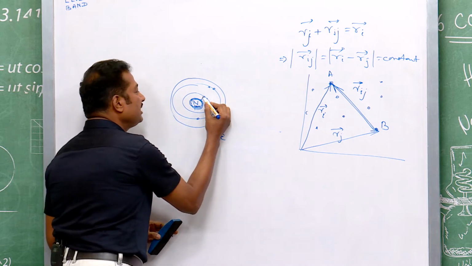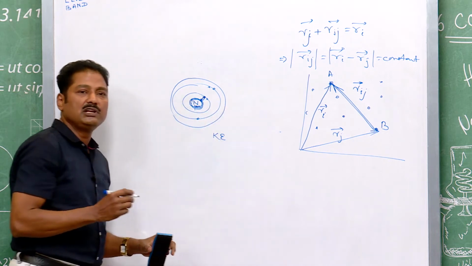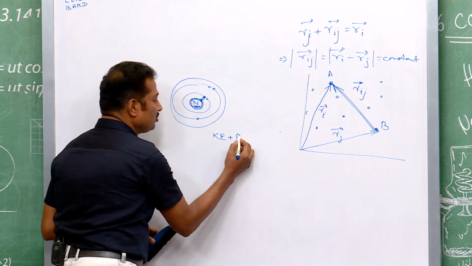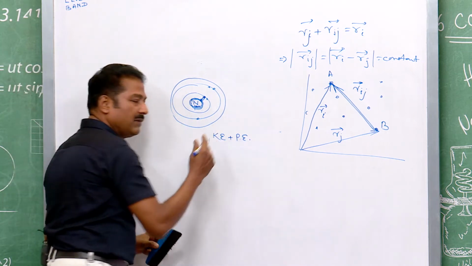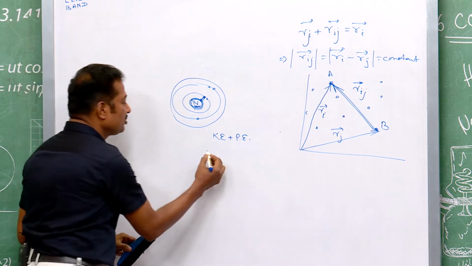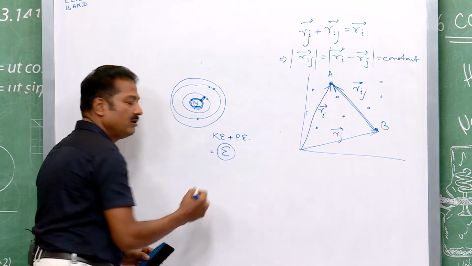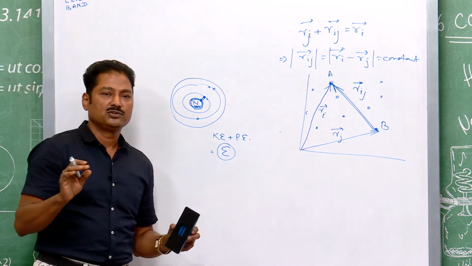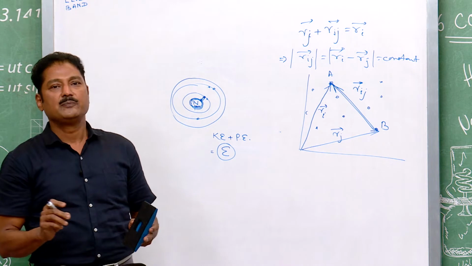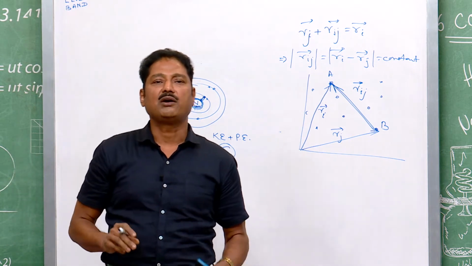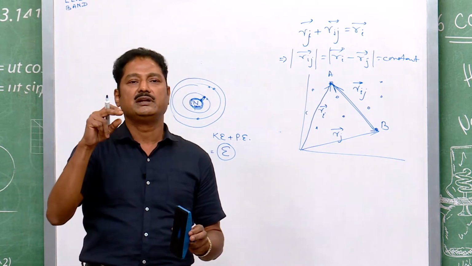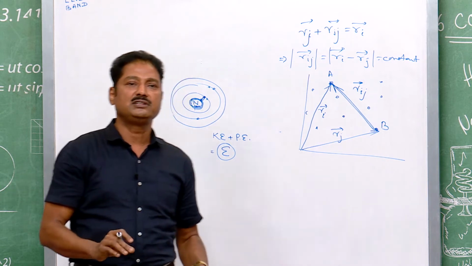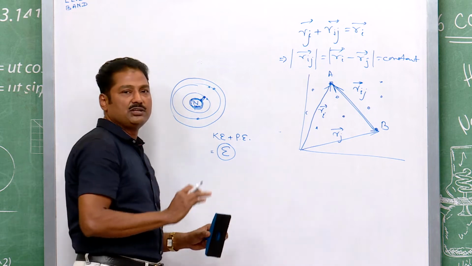This attraction will give you another energy, that is potential energy. So, you add them up and you get some energy E of the electron in an orbit, and that is calculated. So, I want to say that if the electrons are revolving around the nucleus in an orbit, then electrons should possess a definite energy, and that energy is calculated theoretically.